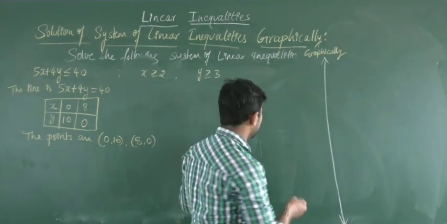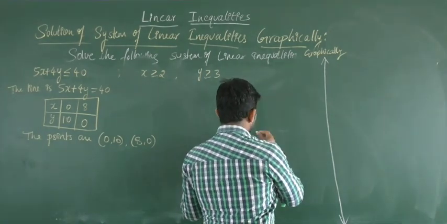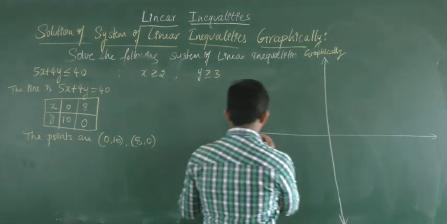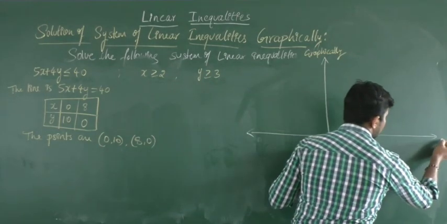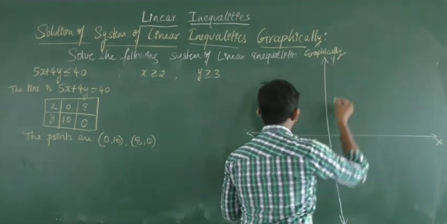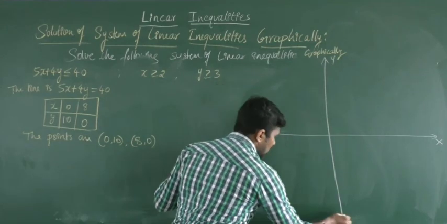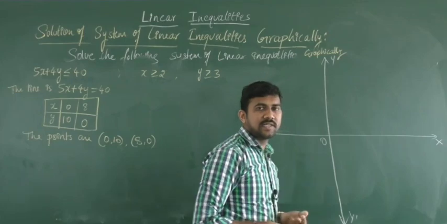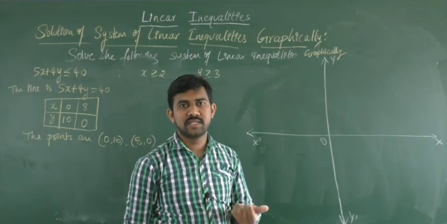So you can consider 1 unit as 2 centimeters here. See here, this is the x axis, y axis, x dash, y dash, 0. I will consider here 1 unit is nothing but 2 centimeters.